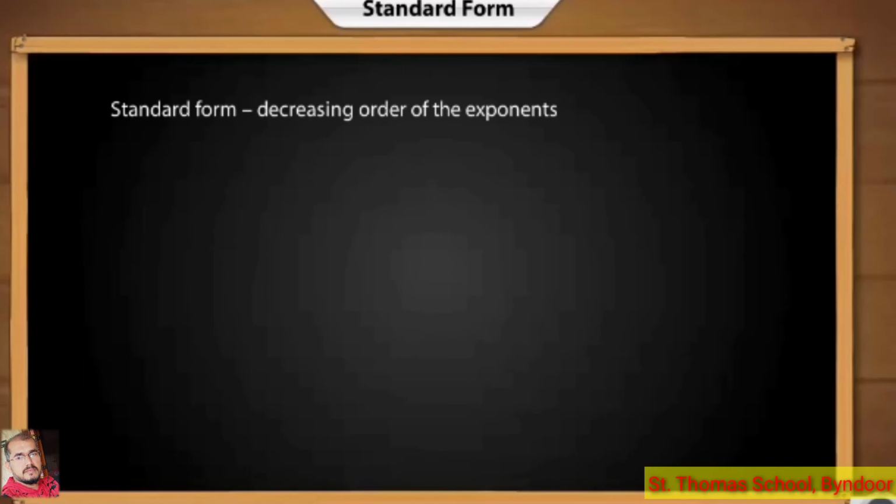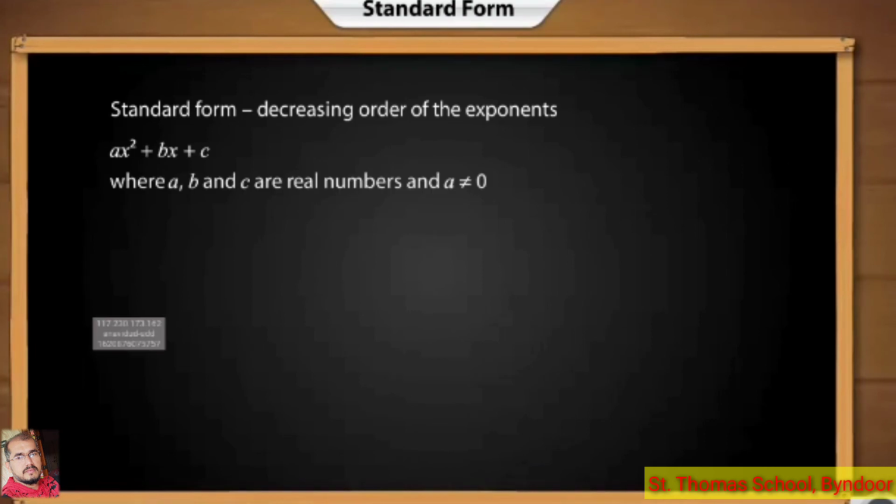A polynomial is written in the standard form by writing the polynomial in decreasing order of its exponents. An example of a standard form of a polynomial is ax square plus bx plus c, where a, b, and c are real numbers and a is not equal to 0.